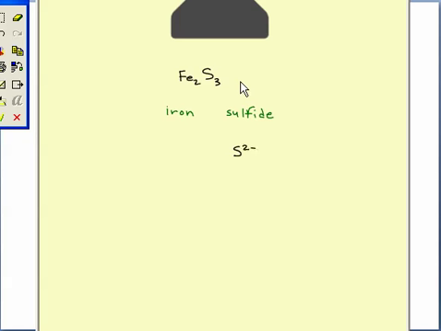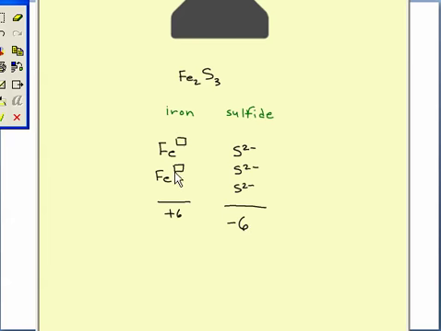Sulfide has a charge of -2 because it's in the oxygen family and 2 columns away from the noble gases. My formula says that I have 3 sulfides, so I have a total charge of -6. My formula also says that I have 2 iron atoms. And when I add up the charges, they've got to equal +6, because my total charge of the cation has got to cancel out the total charge of the anion.